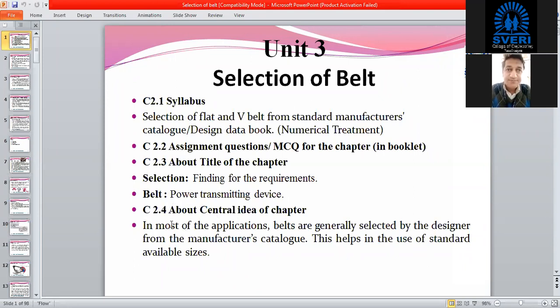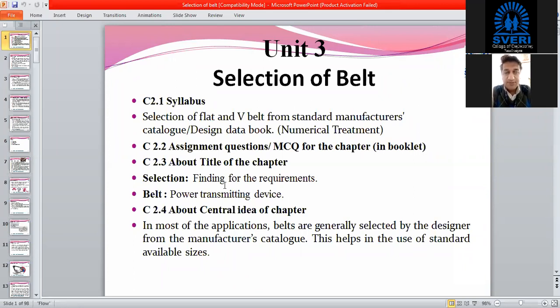Then the central idea of this particular unit is that belts are generally, as I told you, not designed; they are selected. That's why we should know the procedure by means of which we can select that belt, which criteria is utilized for that selection, as well as what type of information is provided by the manufacturer or in the design data book. We should know that. Then and only then it is possible to select that belt.